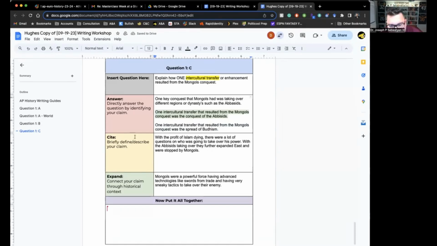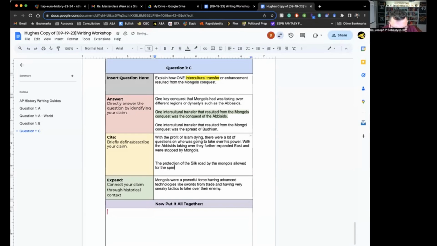Okay, so the starter sentence: one intercultural transfer that resulted from the Mongol conquest was the spread of Buddhism. Cite it, Kaya. I said the protection of the Silk Road led more merchants to travel, resulting in the spread of Buddhism across Eurasia. Okay, expand.